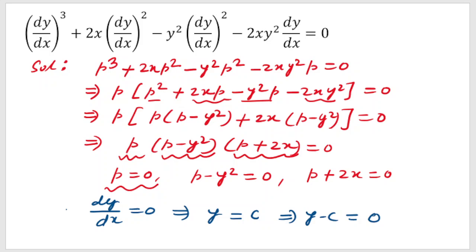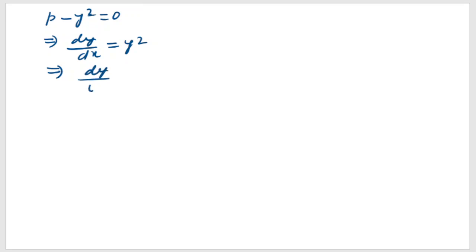Now the second one is p - y² = 0. It will look like dy/dx = y². So I can write dy/y² = dx. If I integrate both sides, I will get -1/y = x + c.